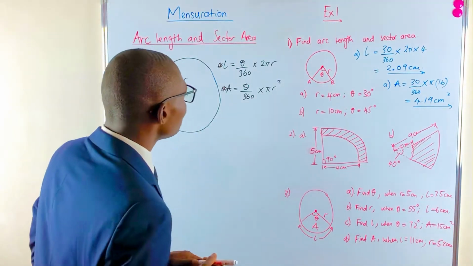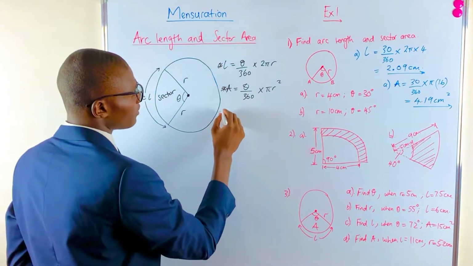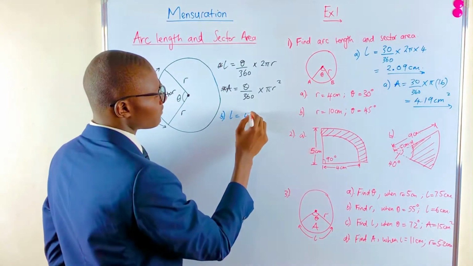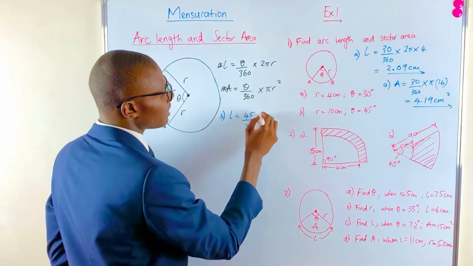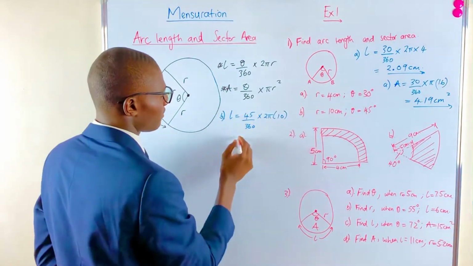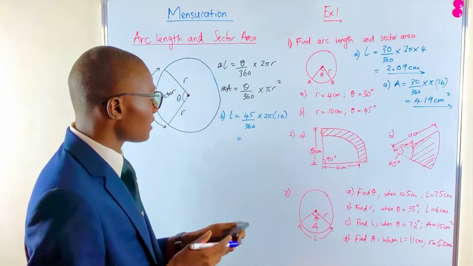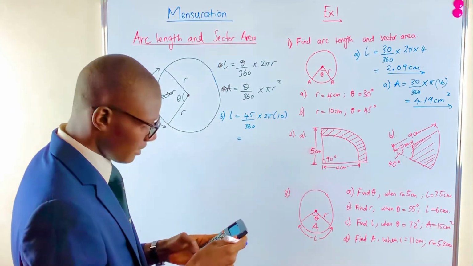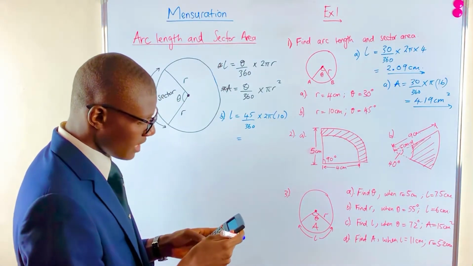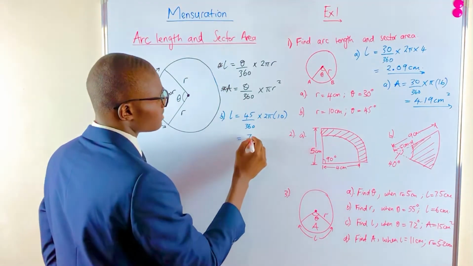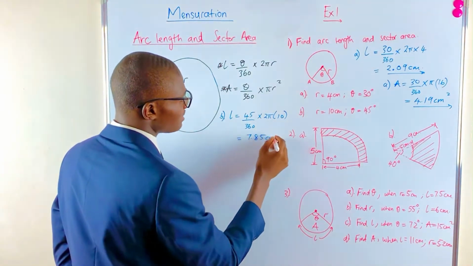Now for part B, we're saying arc length L would be theta, 45 degrees, over 360 times 2 pi, then r being 10. So we're saying 45 times 20 pi, then divided by 360, that will give us 7.85 centimeters.